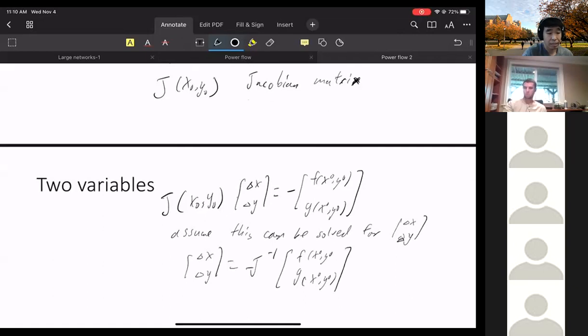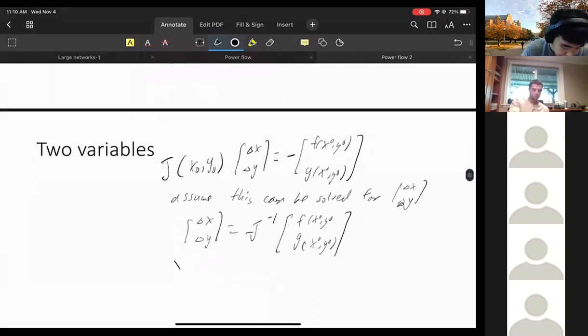So you can think of it this way. In practice, when the system is large, we never explicitly take the inverse. But for notation, we can think of taking the inverse and multiplying. Then the process is easy: x1, y1 equals x0, y0 plus delta x, delta y.